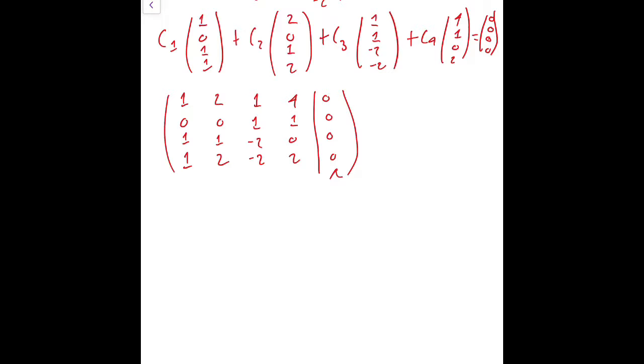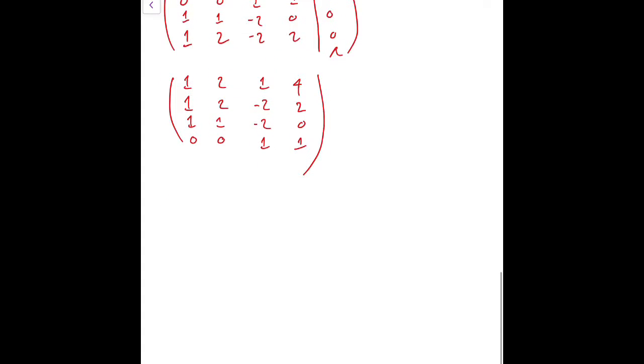But that's not the situation we have here. So I'm going to swap the second and fourth rows. The first row stays the same, and again, I'm not writing down the column of zeros. Now this is going to be 1, 2, minus 2, 2, 1, 1, minus 2, 0, and then the last row is what was the second row, 0, 0, 1, 1.